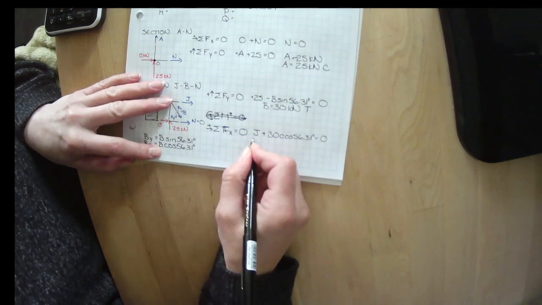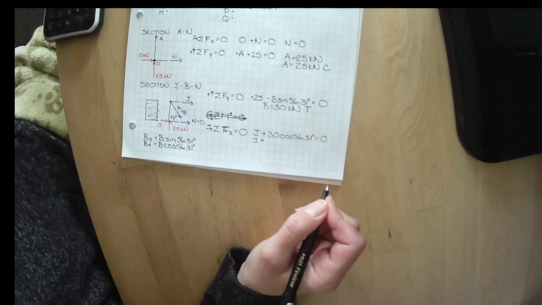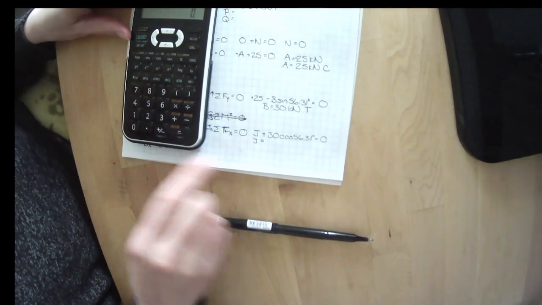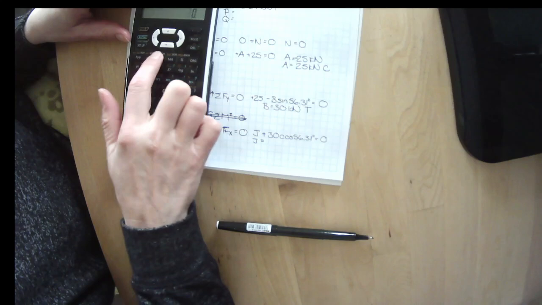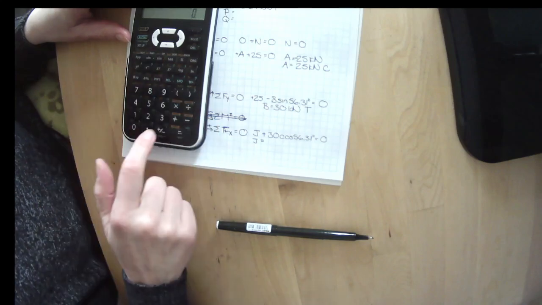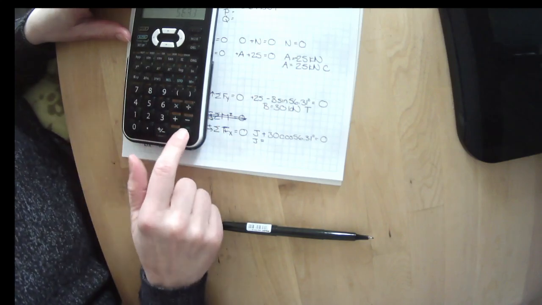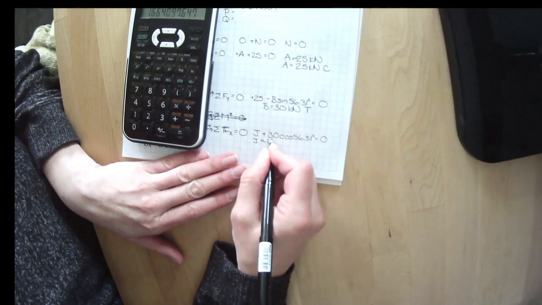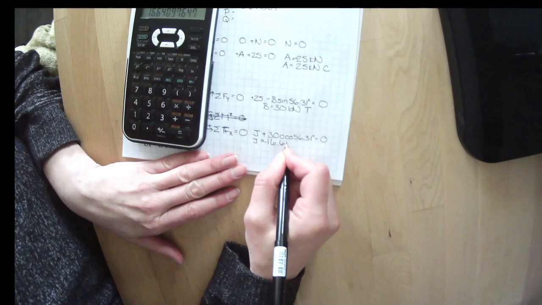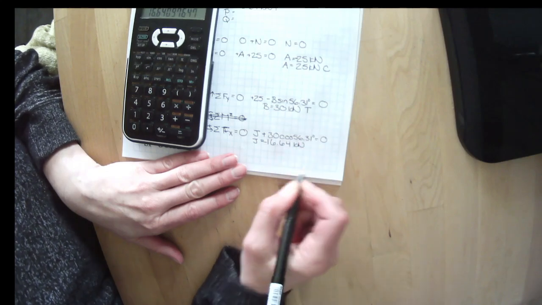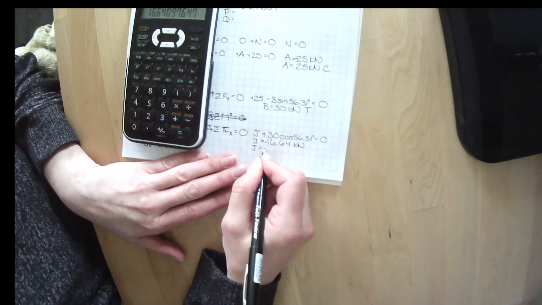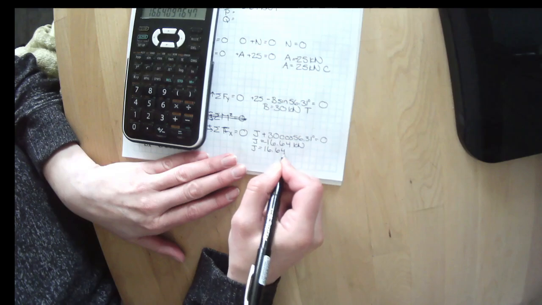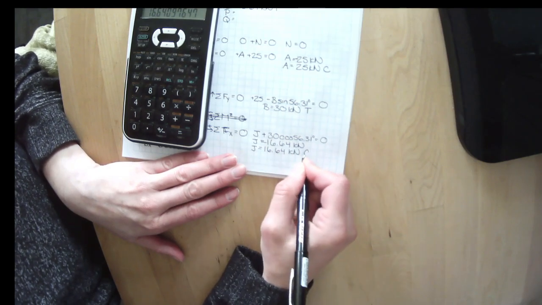We can solve for J. J equals the negative of 30 times cosine of 56.31, or J equals minus 16.64 kilonewtons, or J equals 16.64 kilonewtons in compression.